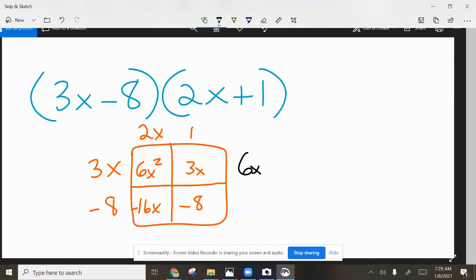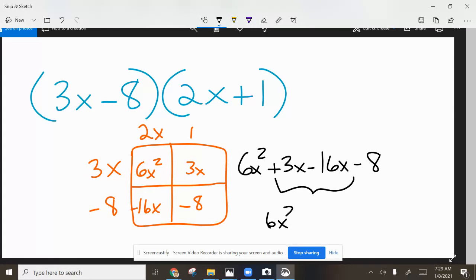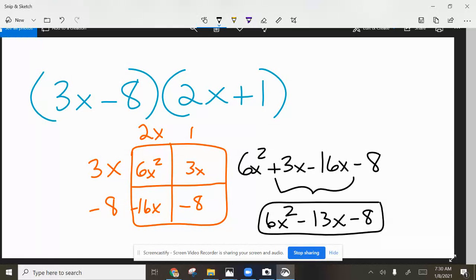Write it all out. You'll start to realize that the same common spots are your like terms on these kinds of problems. They're not always going to be that way. You can tell those two are like terms. So your final answer is 6x squared minus 13x minus 8. Okay.